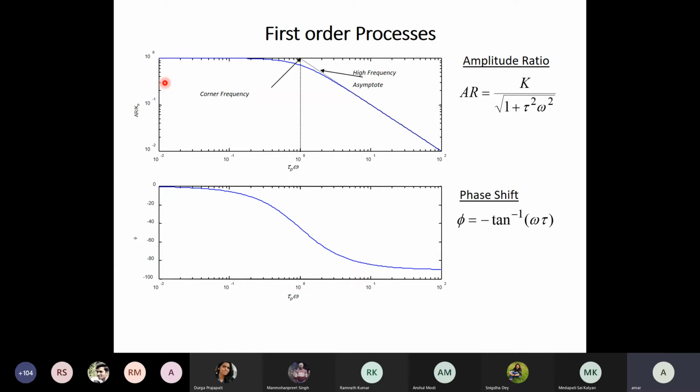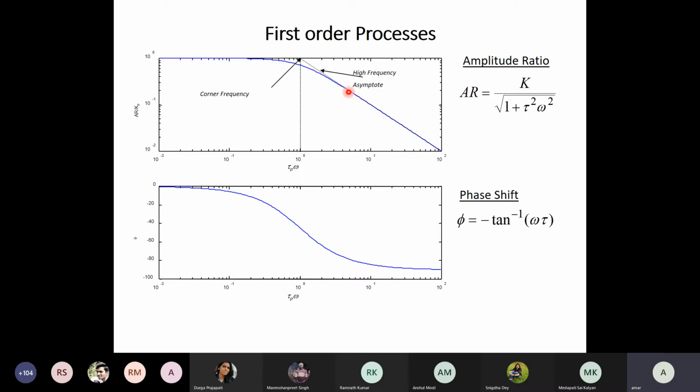So this value is the 0.707 k, and at this value tau omega will be equal to 1, which will be the bandwidth for this case. So this bandwidth definition came from the Bode plot of the first order process, but this is extended to all other kinds of processes.